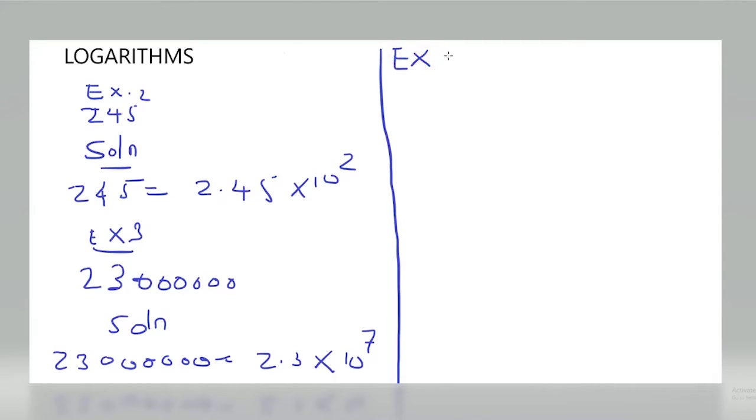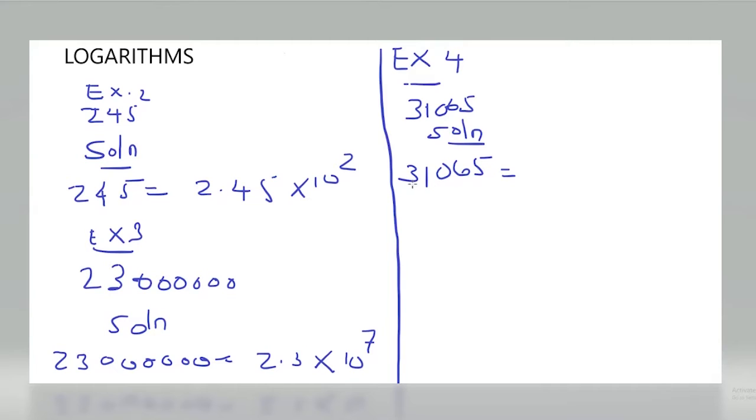Example number 4. Now write this number in standard notation, 31065. Now solution. To write it in standard notation, this one can be written as 3, 1, 0, 6, 5. Now put the dot sign between the first player and the second player.